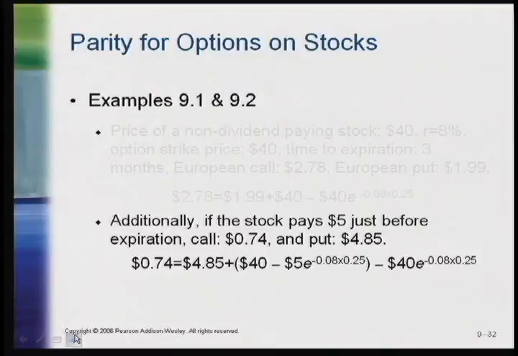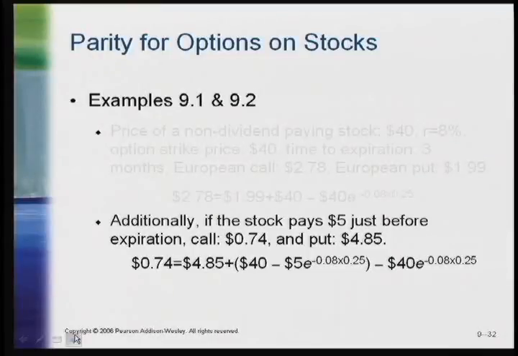The only significance of it paying right before expiration is we can use the same present value factor as the T-bill. If the dividends were payable earlier, then we would use a different present value to make this adjustment. On the other hand, if it were paid after the expiry, we could ignore it for put-call parity. Important note, put-call parity only reflects discrete dividends payable prior to expiry.